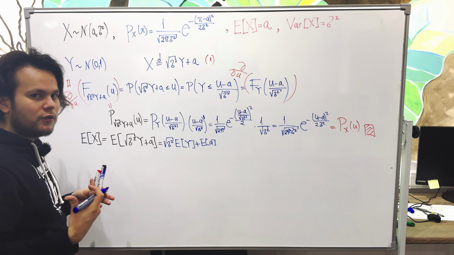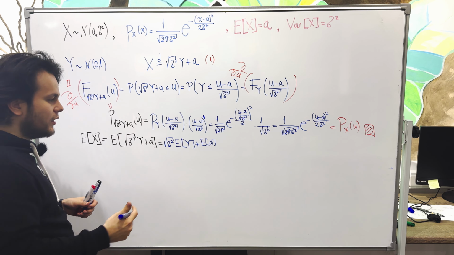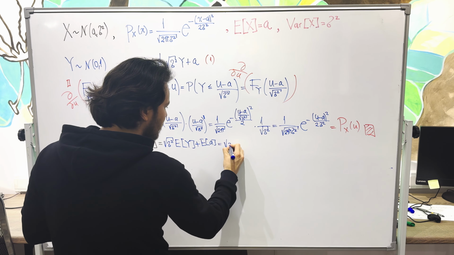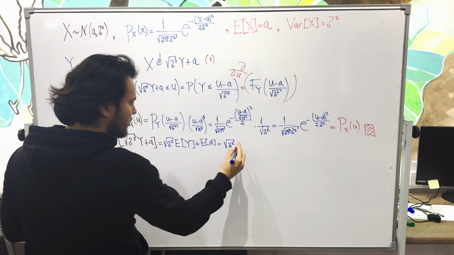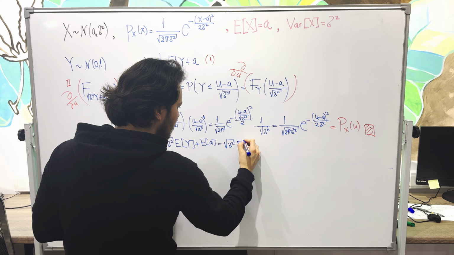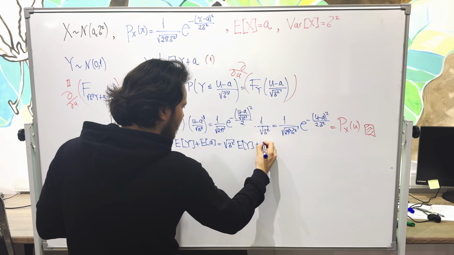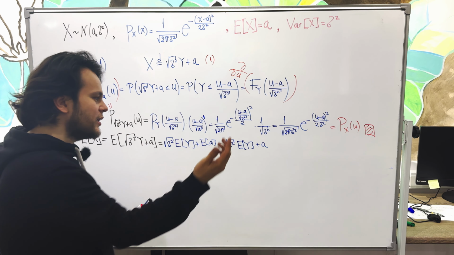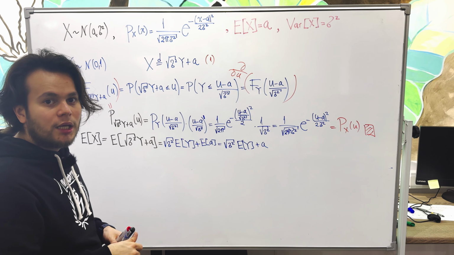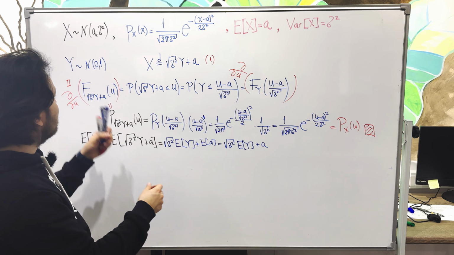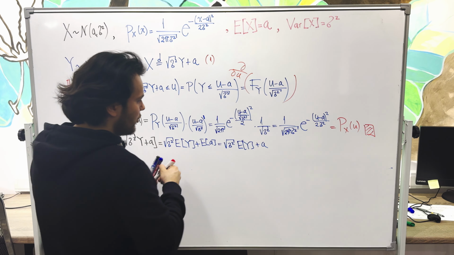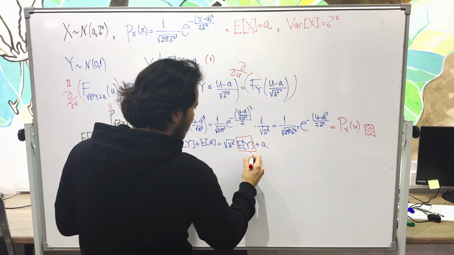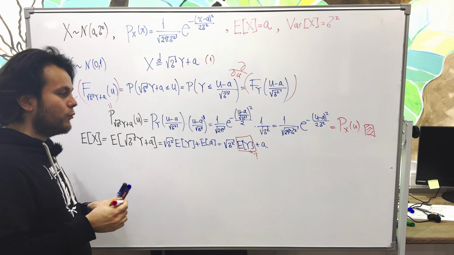So the expected value of a constant is the constant itself. So this will be the square root of sigma squared times the expected value of y plus a. So all that I have to do now is to find the expected value of y. I replace the value over here, and then I will be finding the expected value of x. So the question now is just what is the expected value of y? I will find that in 1 second.